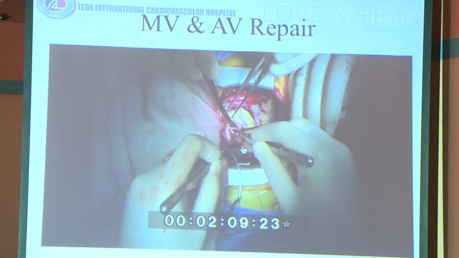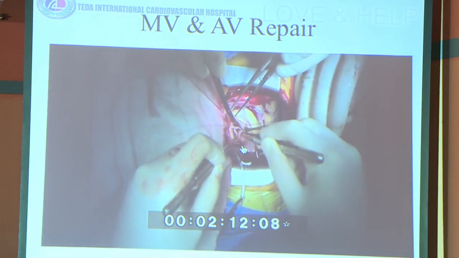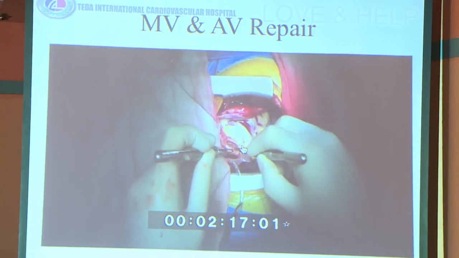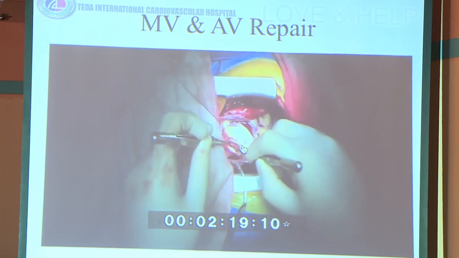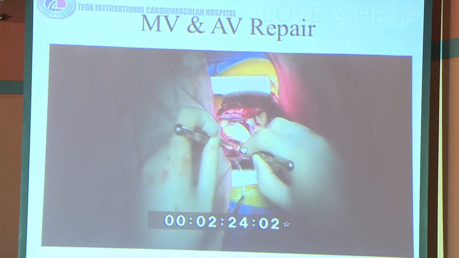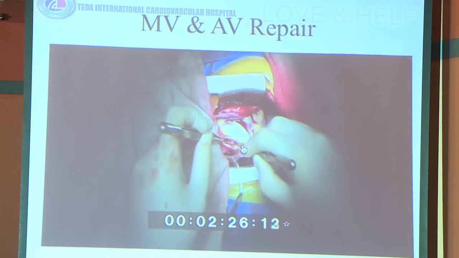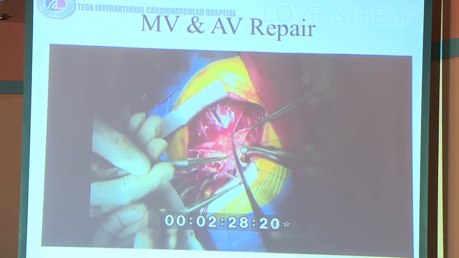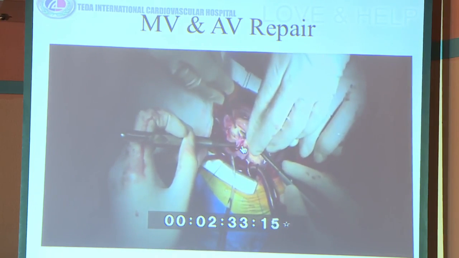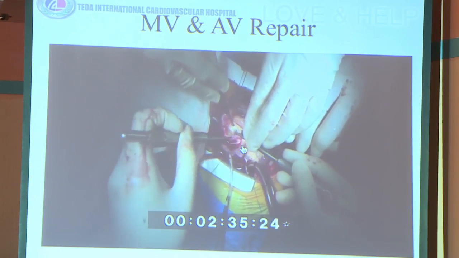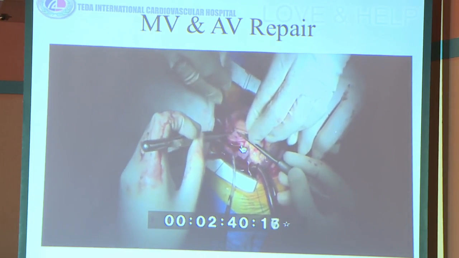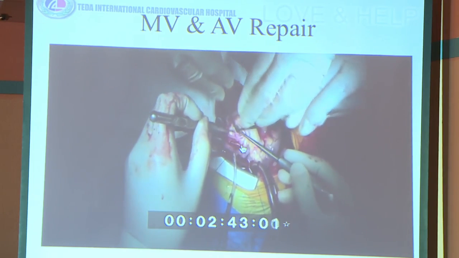After the saline test, there is still some residual regurgitation left, so I decided to insert three pieces of pericardium to extend the aortic cusps. I use fresh pericardium, and this was the cusp extension with the fresh pericardium.